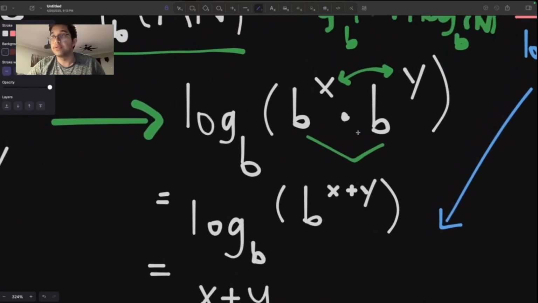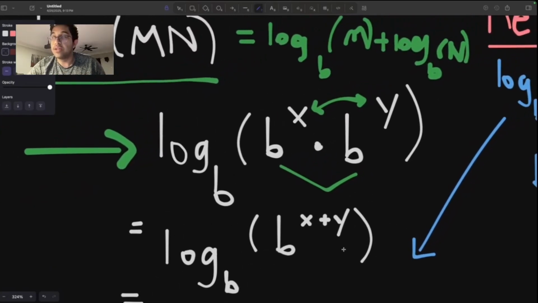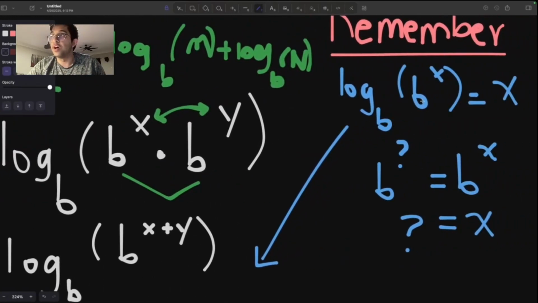Now we can use the log rule because we defined that earlier. If we have log base b of b to the power of x, and we want that to equal something, we can say b to the power of that something has to equal b to the power of x. We know that something is x.